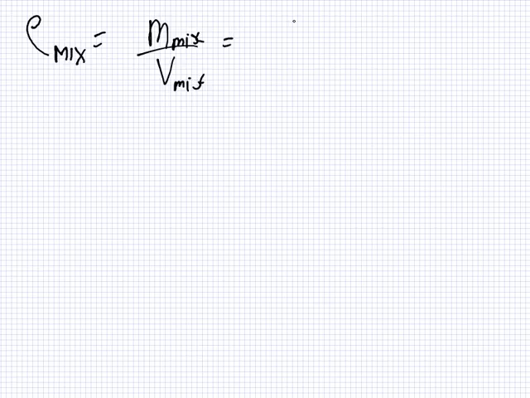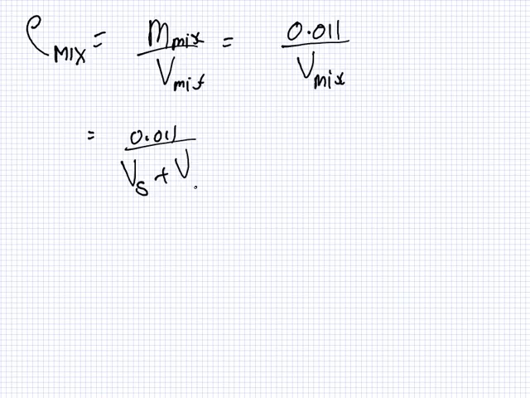No. But we can say it's the volume of the silver plus the volume of the nickel. Okay. But you might say, well, but we don't know those either. But we have this formula, density is mass over volume. So what's volume? Mass multiplied density. So you could change this into 0.011, the mass of the silver times the density of the silver plus the mass of the nickel times the density of the nickel. It should be mass over density.